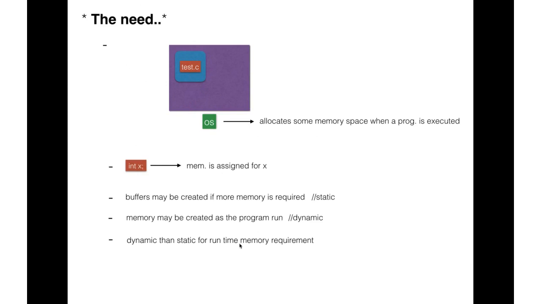Allocating memory dynamically is more efficient than using a guess value as the size of your buffer. This is mostly used for inputs where the size is not known.